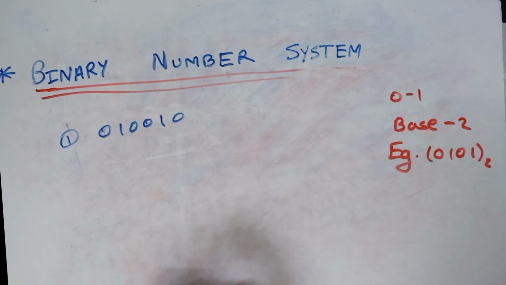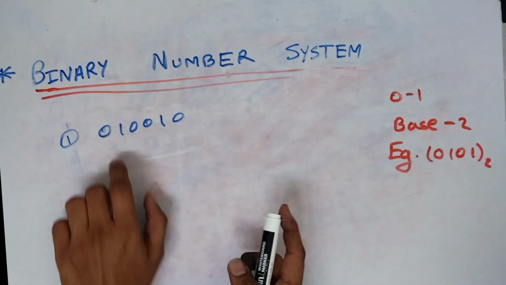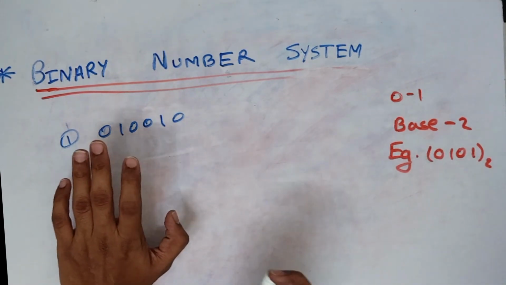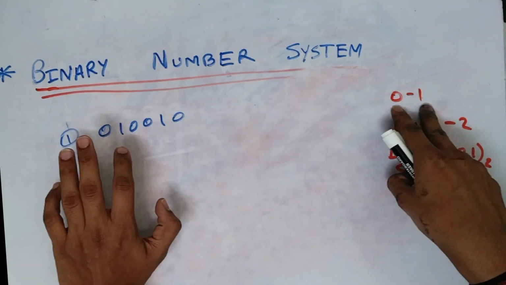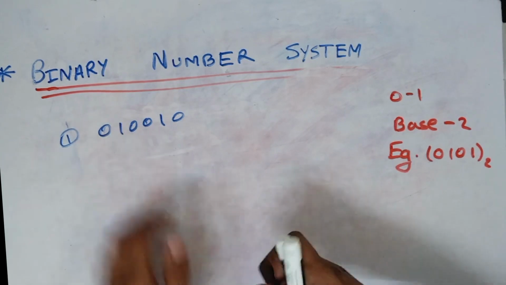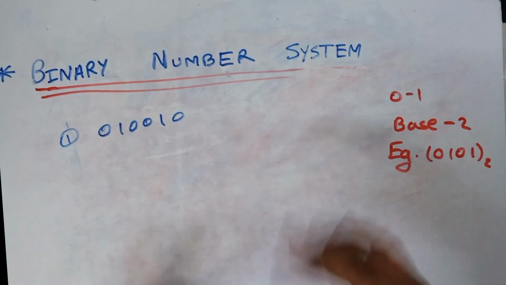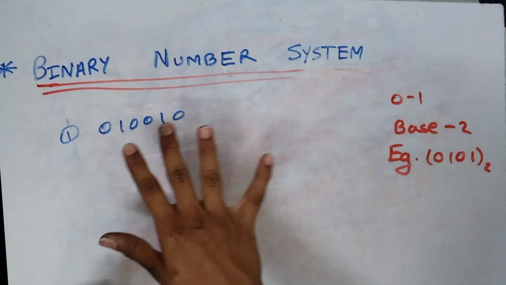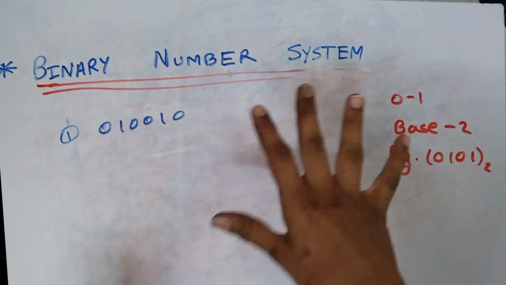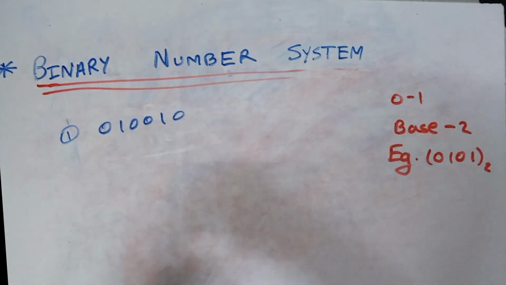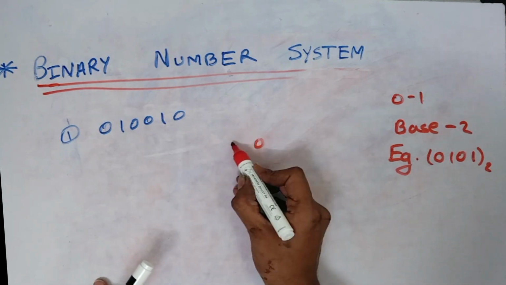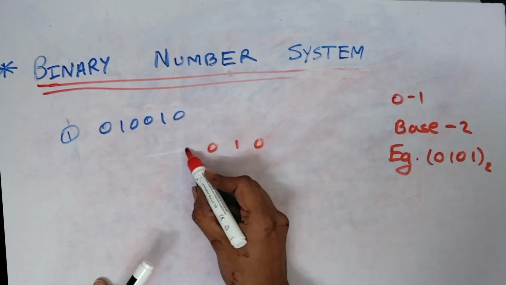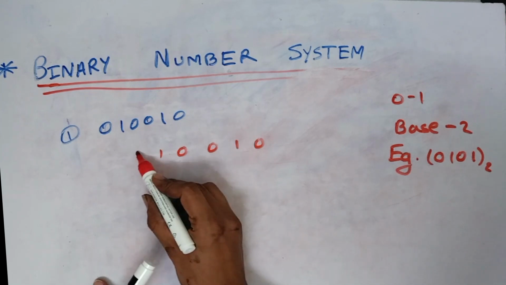This is definitely a binary number because there are only two possible numbers, 0 and 1, in the binary number system. Now, how will we represent this in the form of powers of 2?